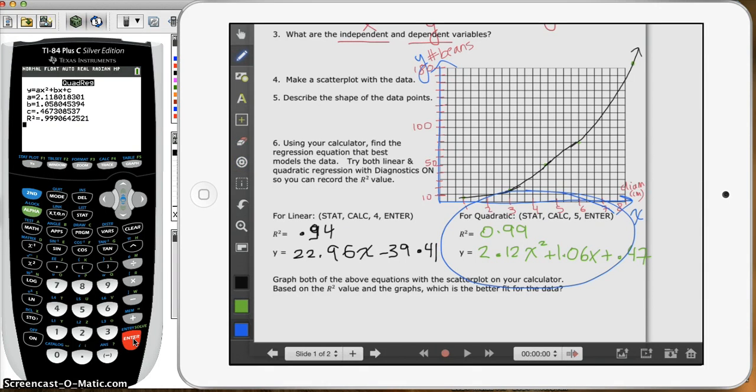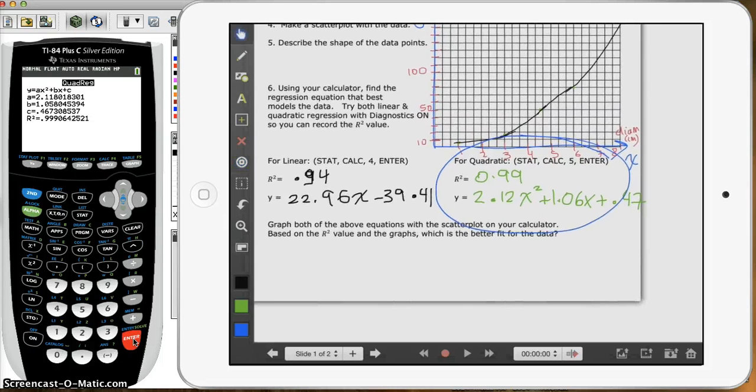So there's two ways. You either can use the calculator and look at R-square. The closer R-squared is to 1, that would give you what shape it is. Or you can look at the graph, because the graph shows that it's more like a U shape, so that's a quadratic equation. So how does R-square help you determine?